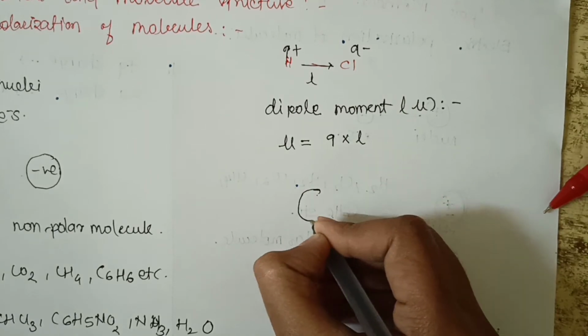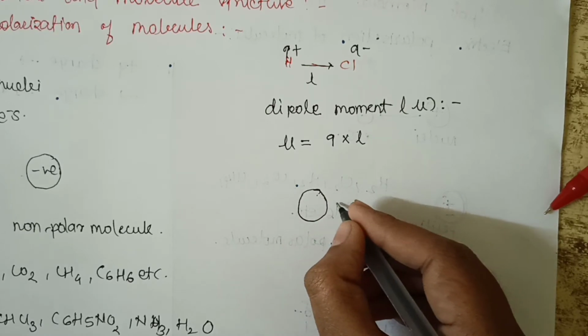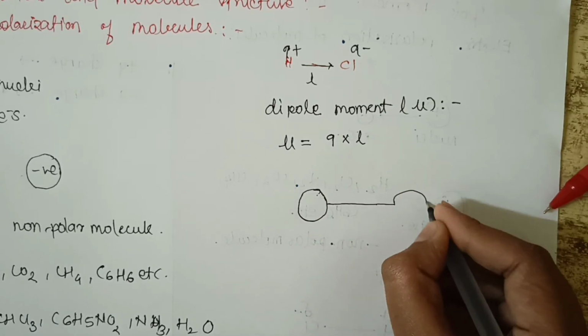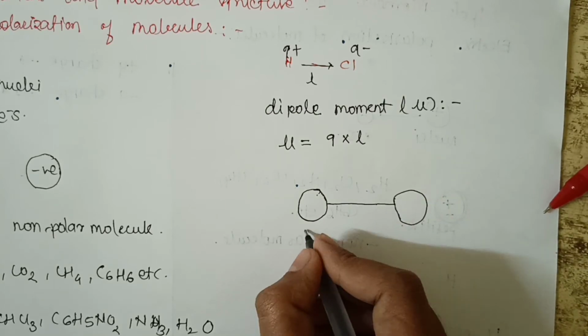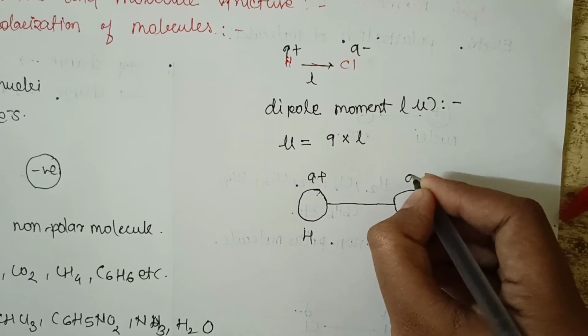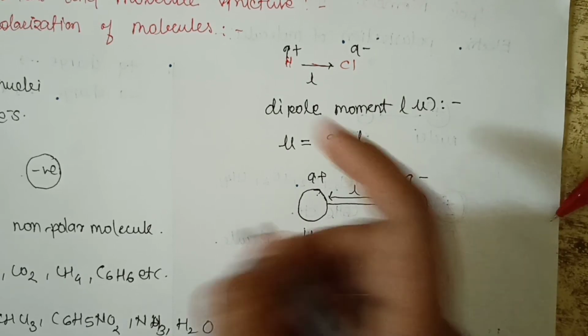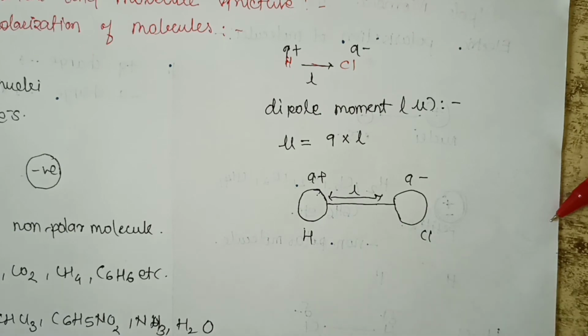If this is H and this is Cl, with q plus and q minus, the distance between these two is L.